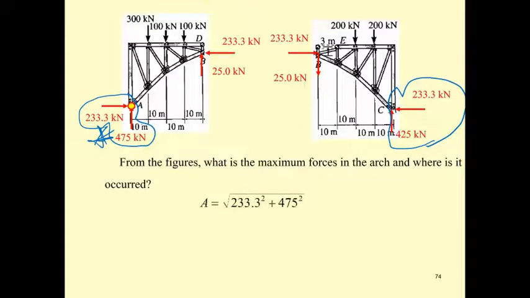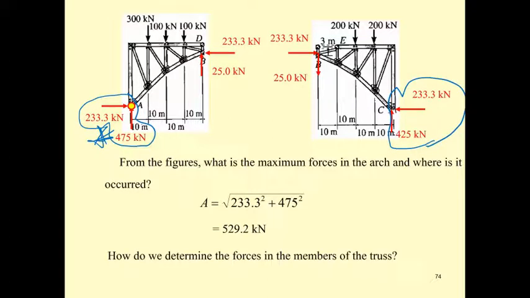You may put it here and get 529.2, and then we can determine the force in the members of the truss by following the analysis of determinate truss. You may use the method of joints, or you may use the method of sections. You can try to find all the forces in the members of the truss.